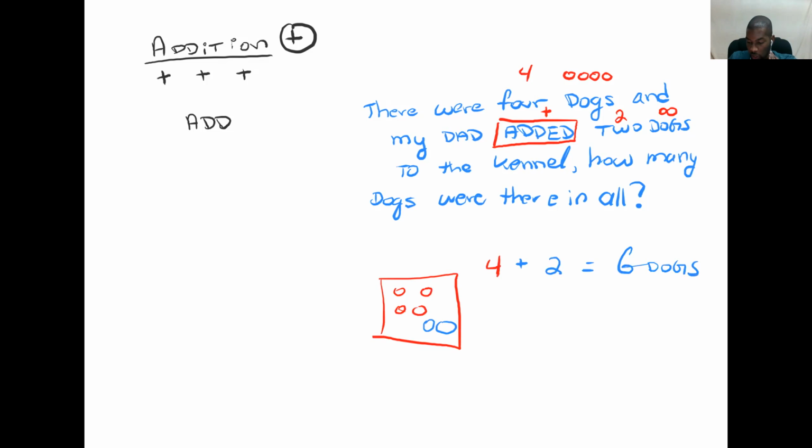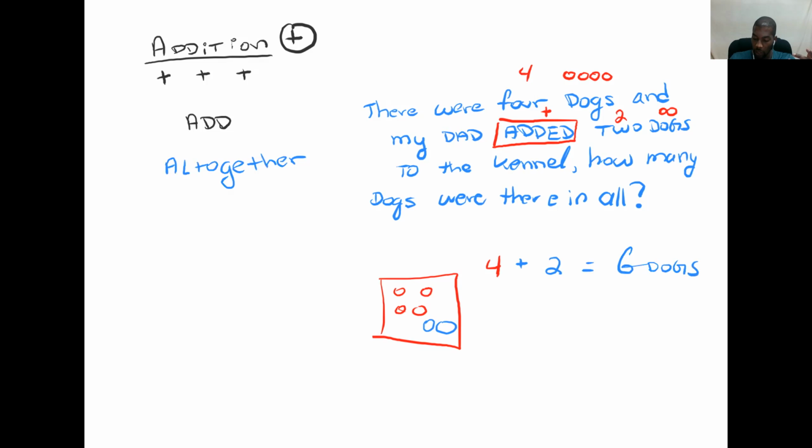I might even switch that word out. I could use the word altogether. If you're in my class, I would like you to write these keywords down so that you know that all these words are used for addition. Altogether.